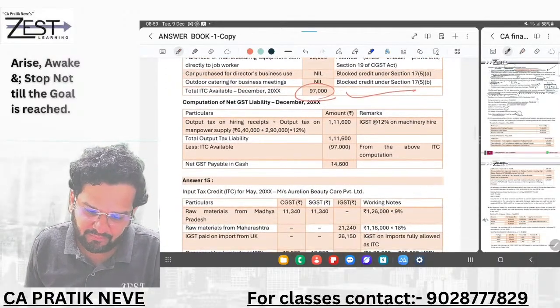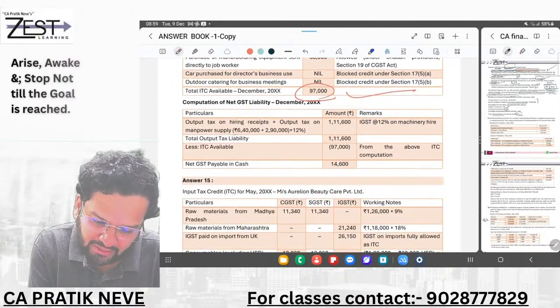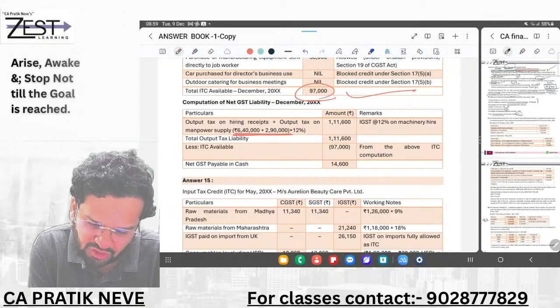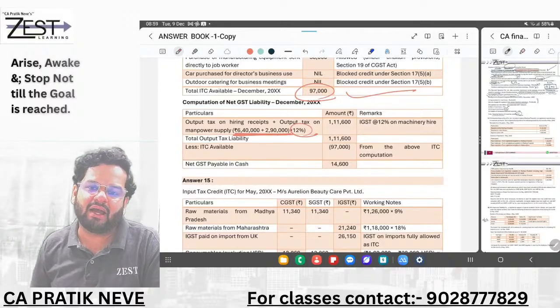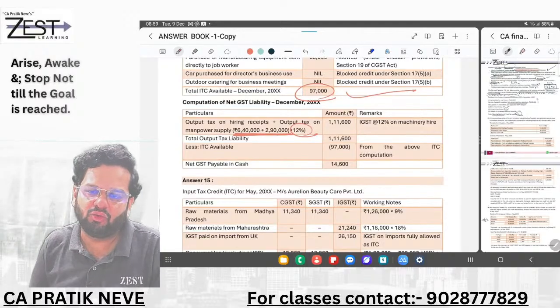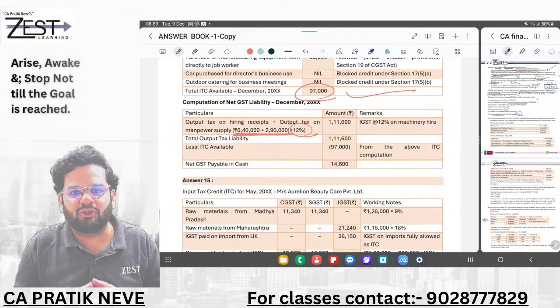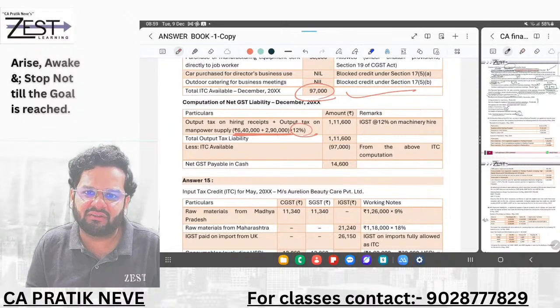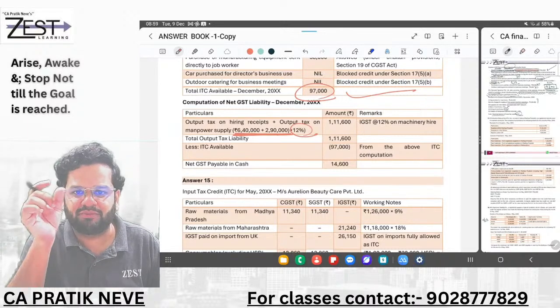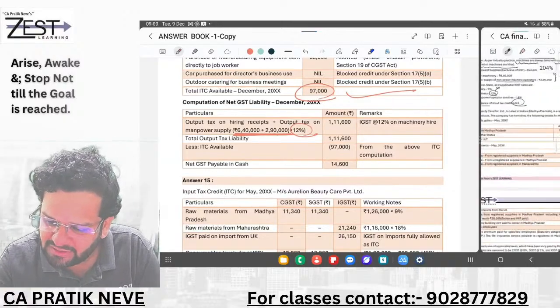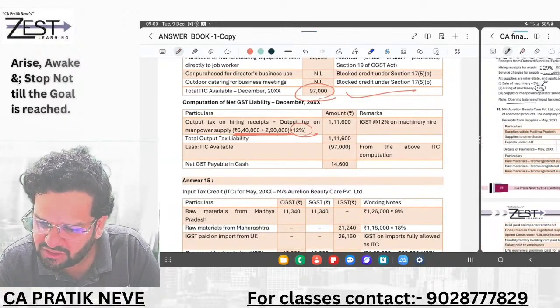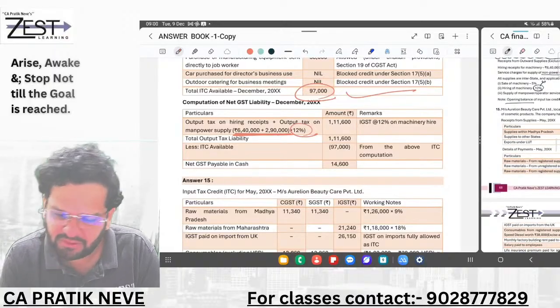Now, output tax on entire 640 plus 290, you will calculate at 12%. Why? Because you know that it is invariable to give operators along with the machine. So principal supply is hiring of machine, and on hiring of machine, the rate of GST is 12%.